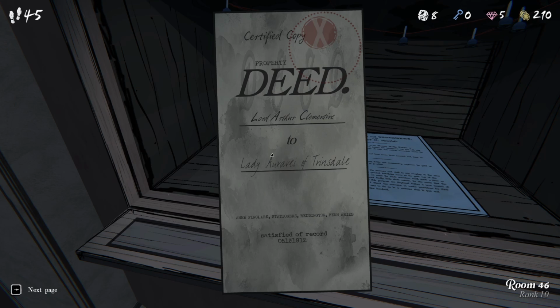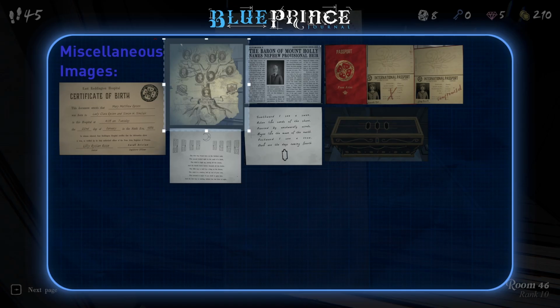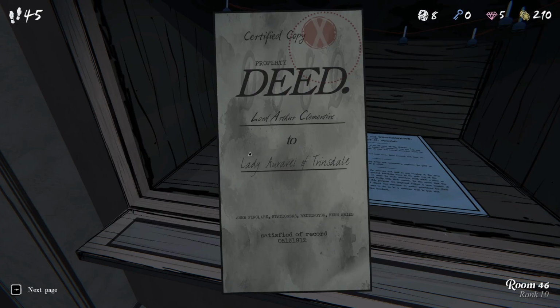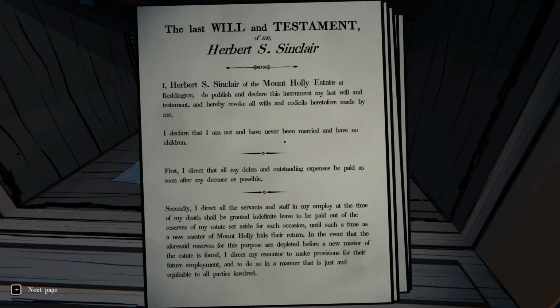I think that person is mother or grandmother to Herbert, maybe? Okay, I think it was Herbert's mother, so that's where the land came from. I didn't get much information from that, but that's interesting.